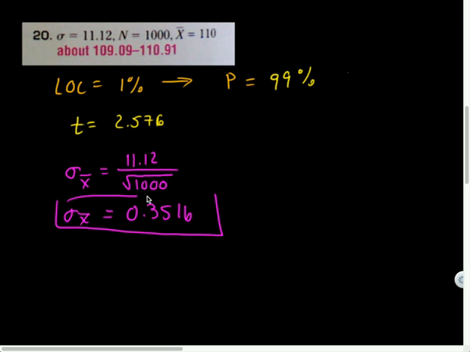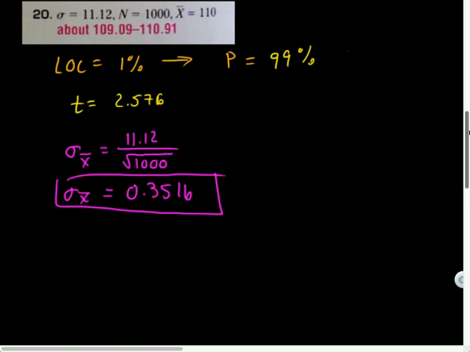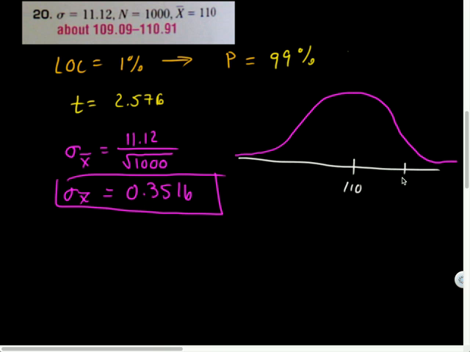So let's draw an actual distribution. I guess I'll draw a quick little picture here for us. You guys are fans of pictures. I might not actually calculate all these values, but my mean is the 110, and then this would be 110.3516.